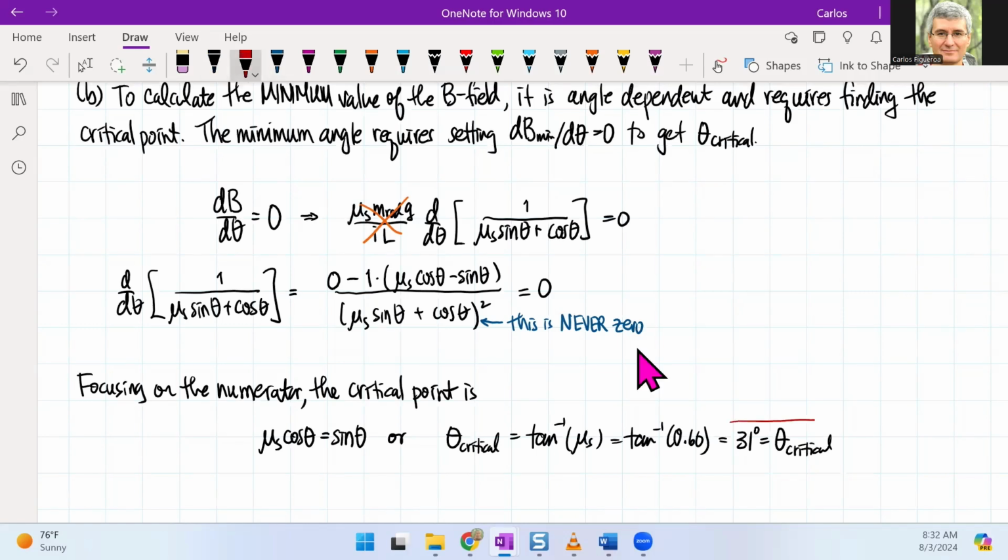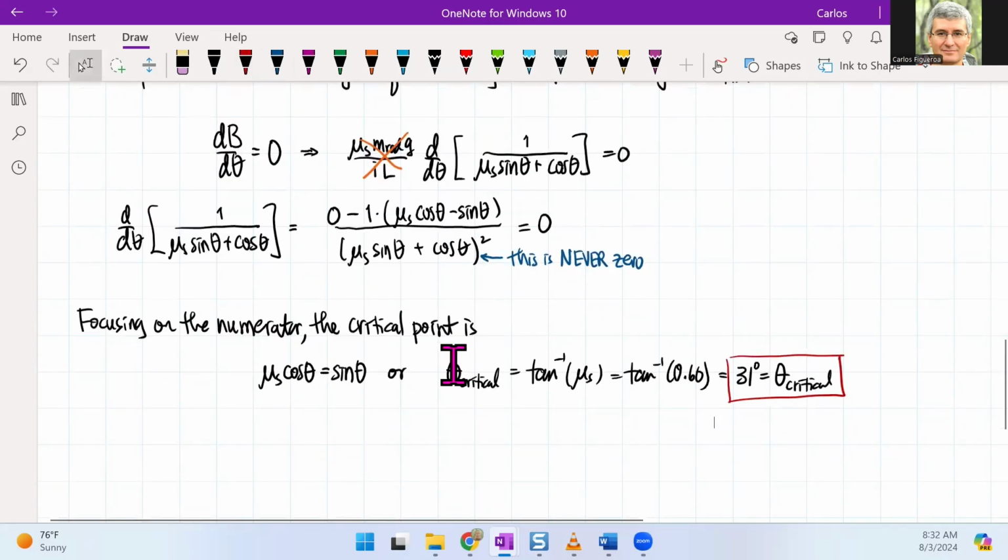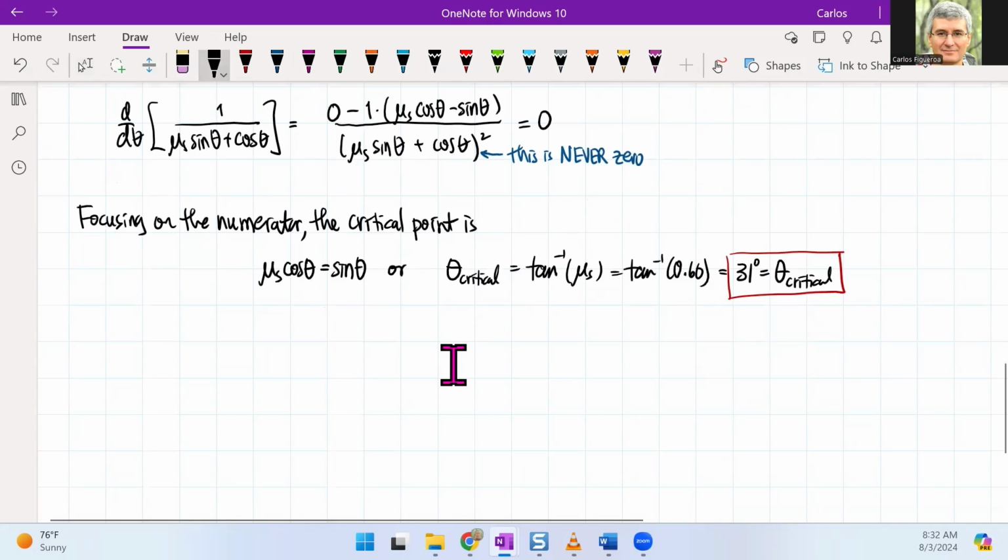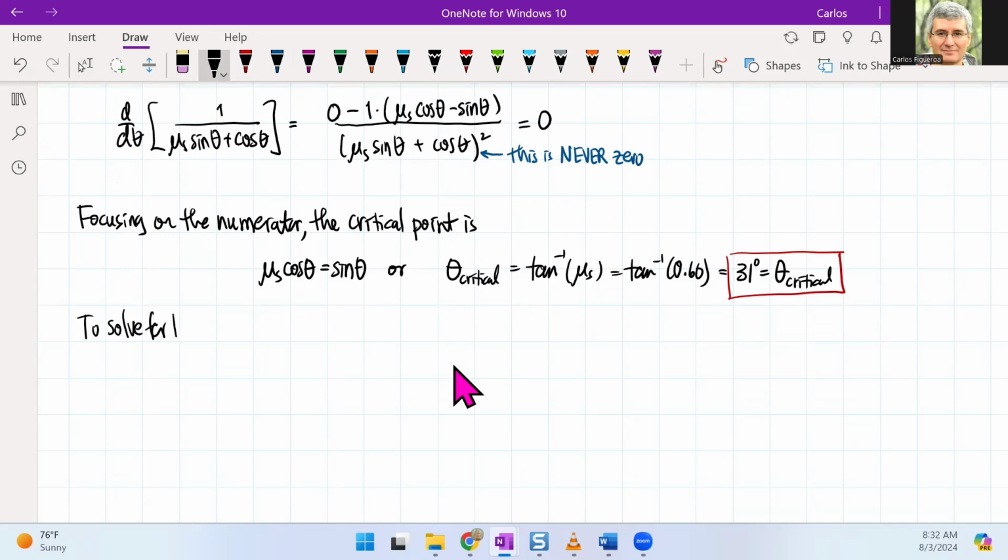So now that I have the critical value to get the minimum field, all I have to do is substitute it back in. So to solve for B minimum, we need to sub theta critical into the B field expression.